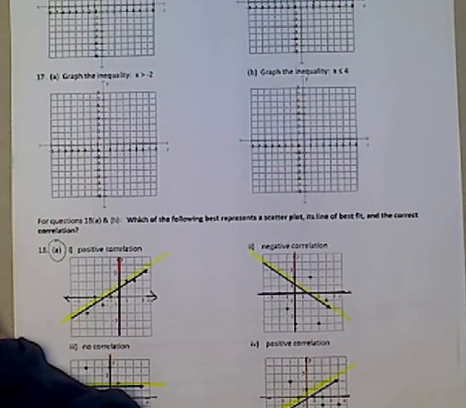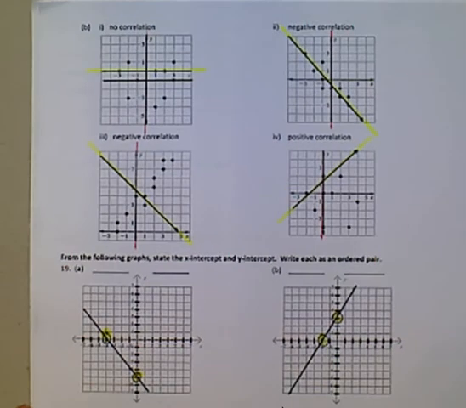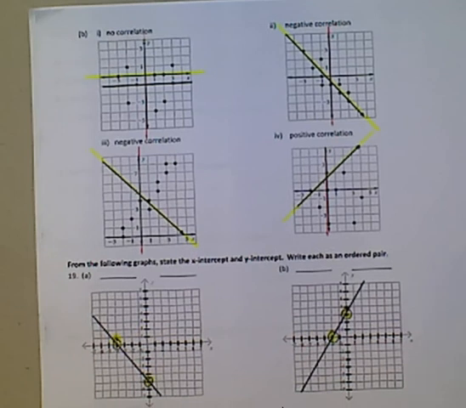Okay, we are on 18B now. Again, you want to determine the line of best fit and the correlation, which one is most accurately depicted.